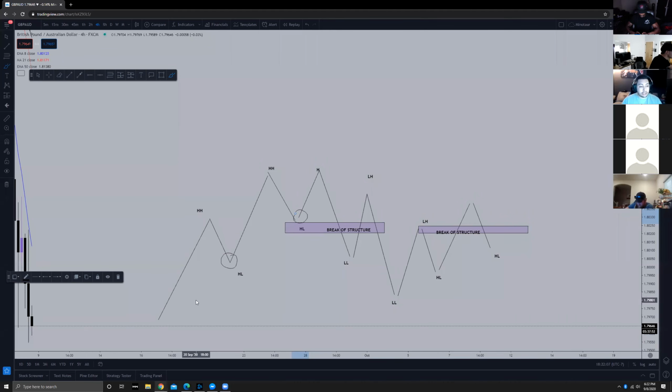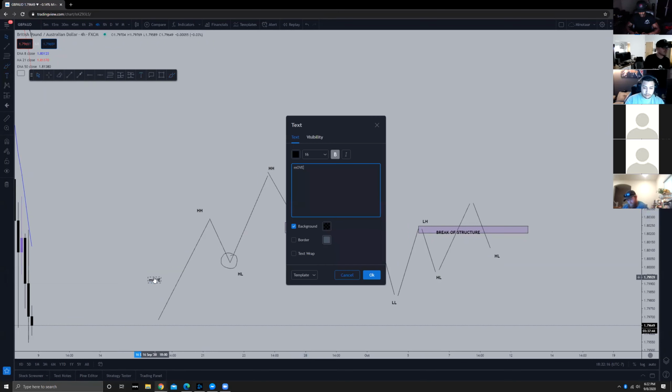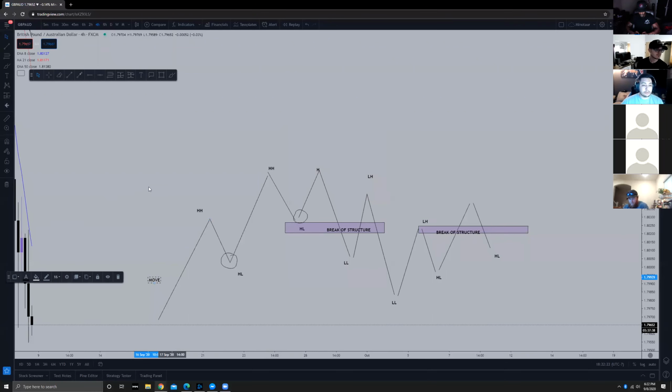Now, Orion mentioned the moves and the retraces. On an uptrend, this is the move. The push is the move. The pullback is the retrace. Think about it as the market breathing, right?